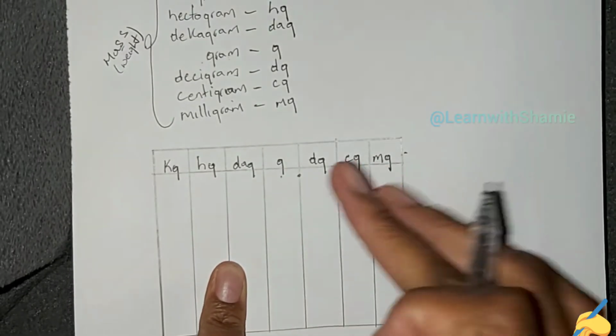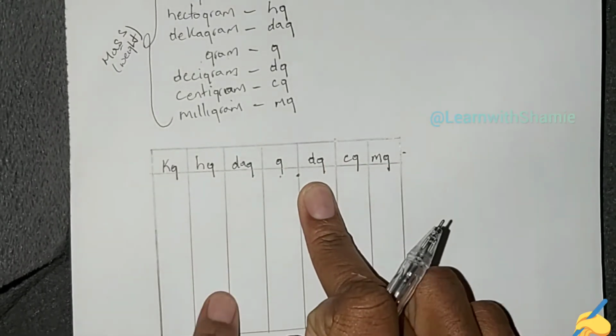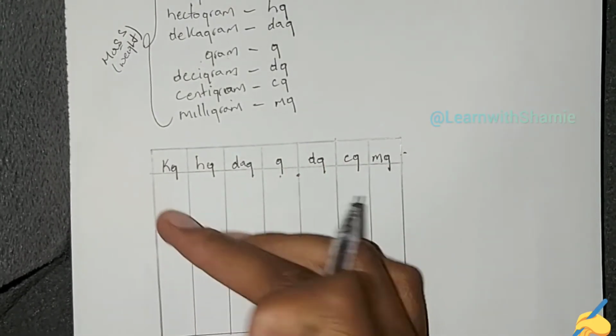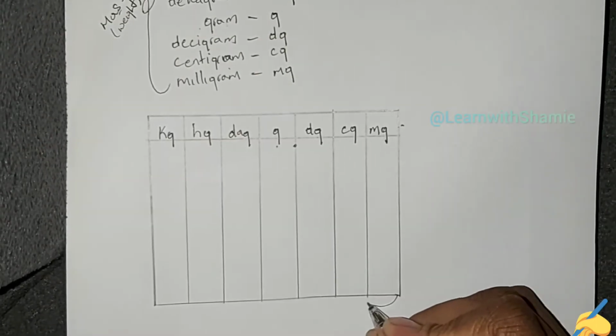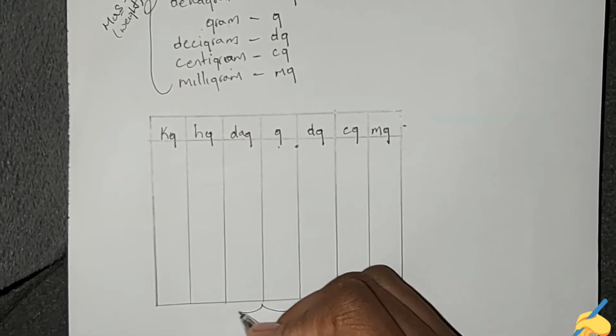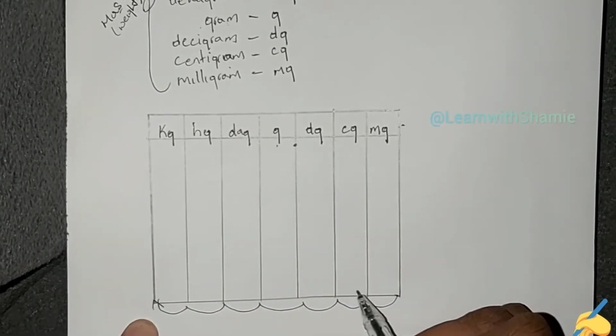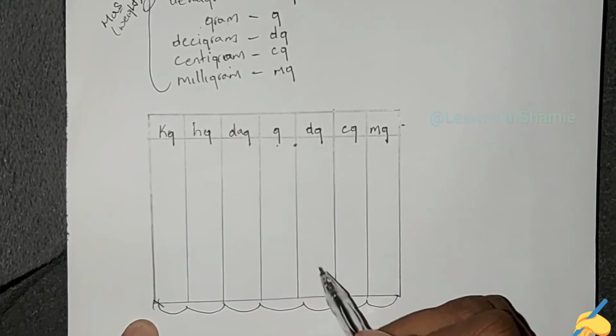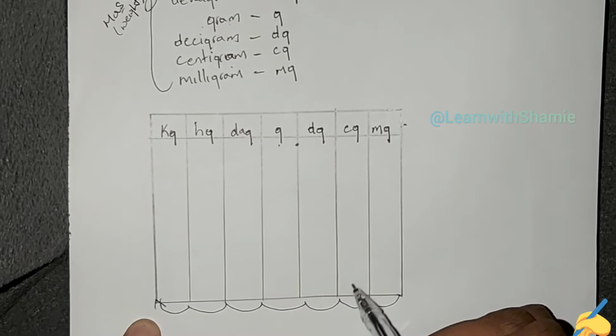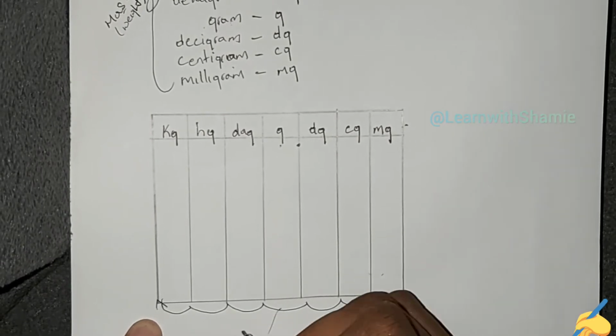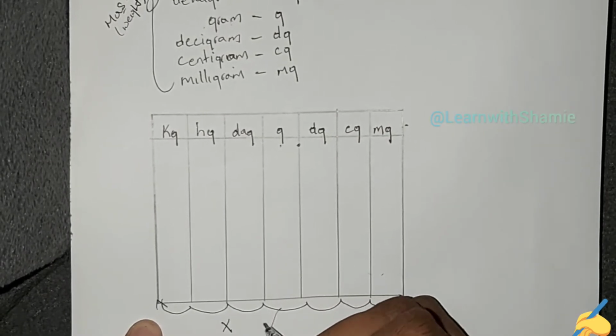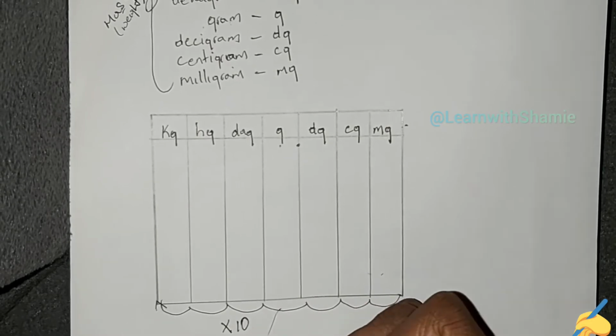Gram is 10 times bigger than decigram. And so you continue. So you multiply by powers of 10. Each unit is 10 times bigger than the unit on its right.